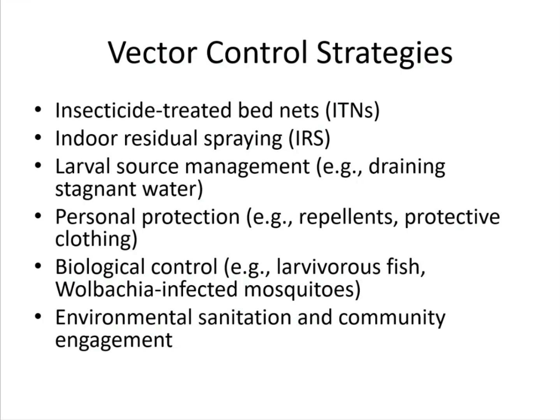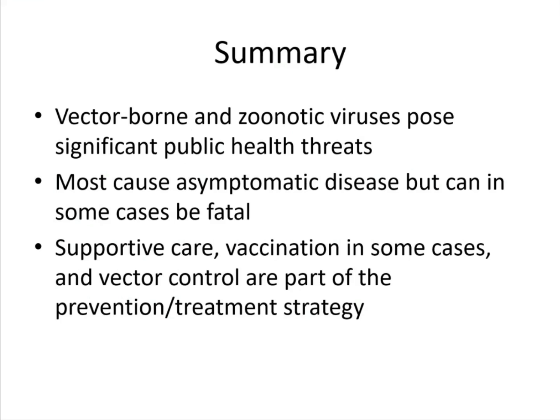So insecticide treated bed nets, indoor residual spraying, larval source management, like getting rid of stagnant water to where mosquitoes will breed, personal protection, biological control, you'll hear about, and environmental sanitation and community engagement with that.